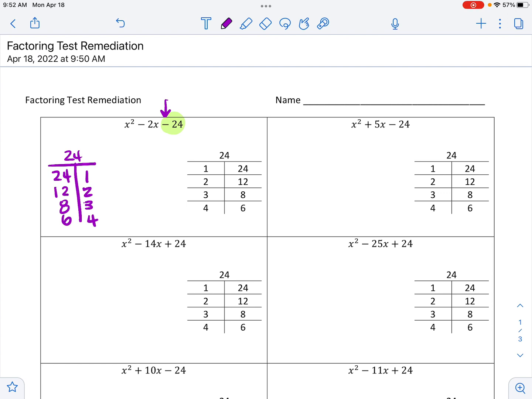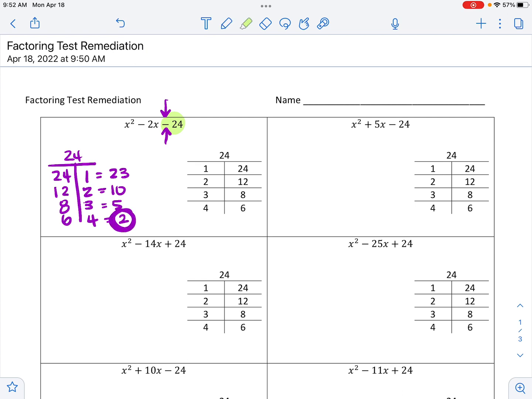So if I'm thinking about it this way, I subtract. 24 minus 1 is 23. 12 minus 2 is 10. 8 minus 3 is 5. And 6 minus 4 is 2. Because it has a subtraction sign, I'm subtracting the values. So I see a 2.